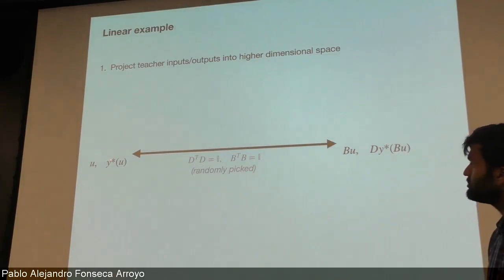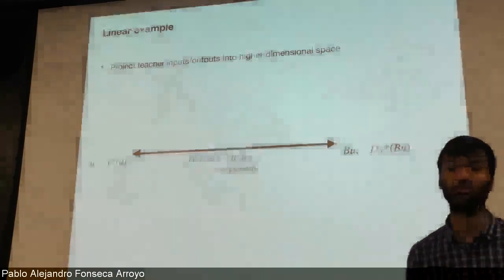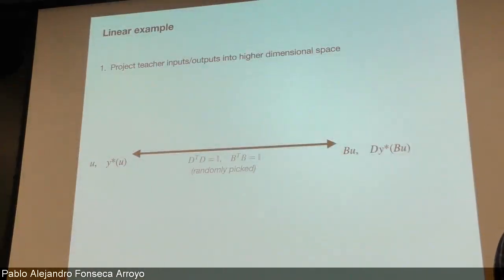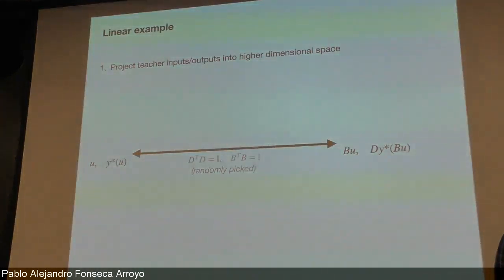Y star is the optimal output for a given input, the teacher-generated output. I'm going to take that same input and project it into some higher dimensional space with a constant matrix B. I have the same model to predict Y star from U. I just project that Y star U into a higher dimensional space.